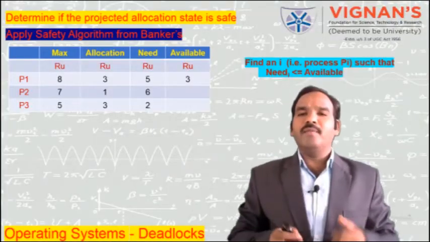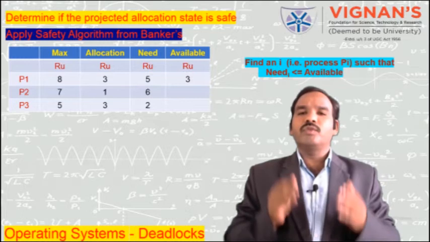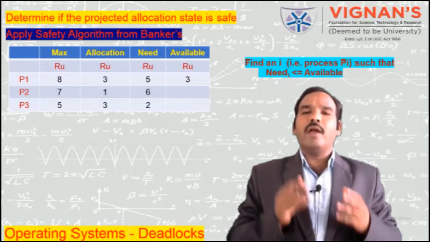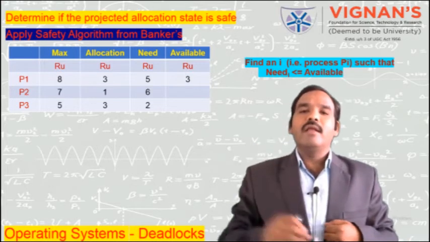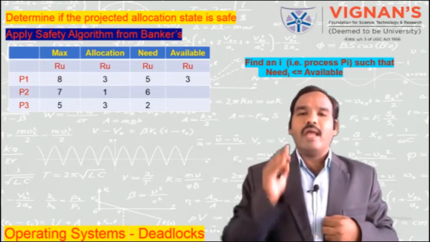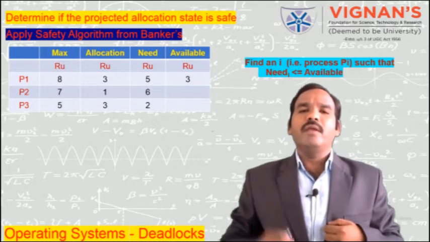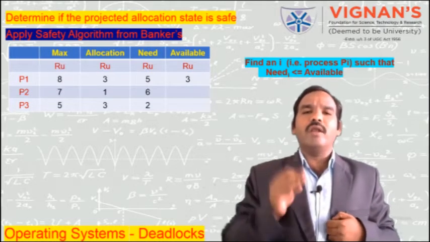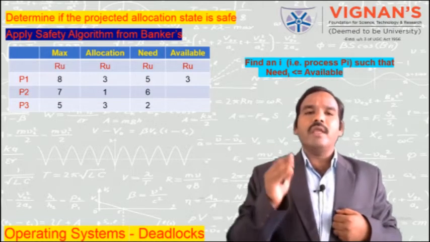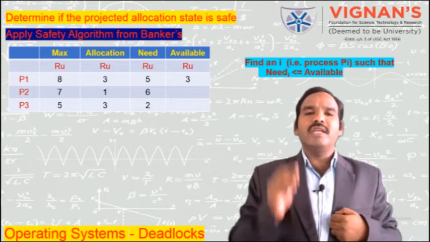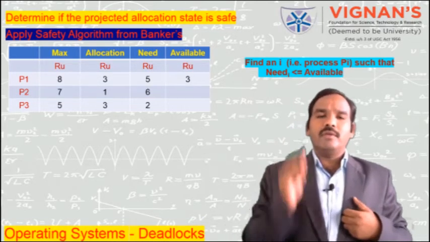In the safety algorithm, what is the condition you have to verify? The condition is to find a process whose need is less than or equal to the available resources. What are the available resources in this problem? 3 resources are available. With 3 resources, which process need can we satisfy?